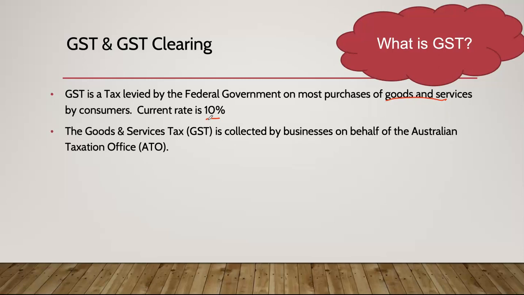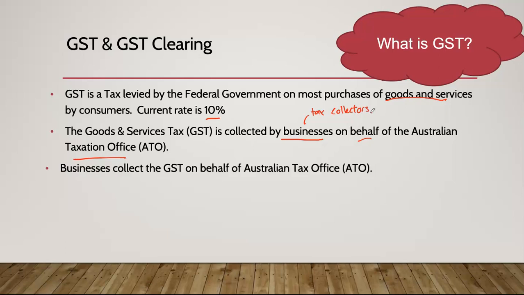What we need to be thinking about is that the goods and services tax is actually not collected by the government. It's collected by businesses on behalf of the tax office. So businesses are actually tax collectors, and you might not have thought of them like that before. Businesses collect the GST on behalf of the tax office.